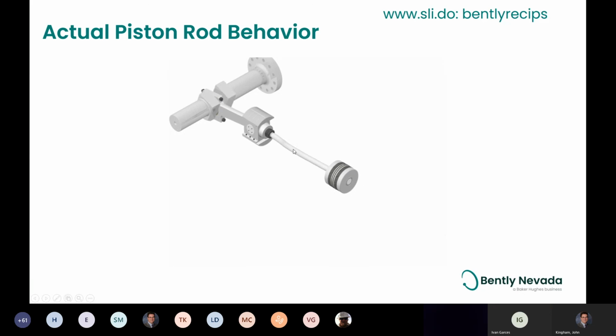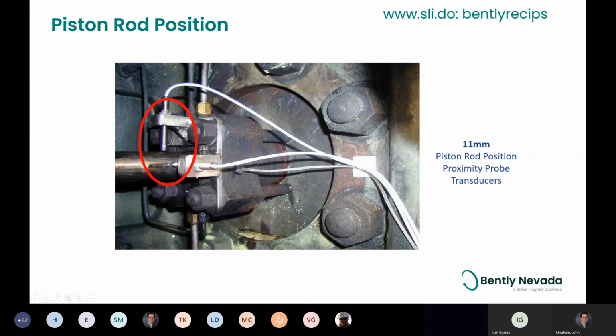It does show that the rod acts like a wet noodle a little bit. So if you're trying to make a measurement at one point in time and trend it, is that rod in compression at all times? Is it in tension at that time? There's a lot of variables, and as a result, it just doesn't work very well. So say no to rod drop and yes to rod position.